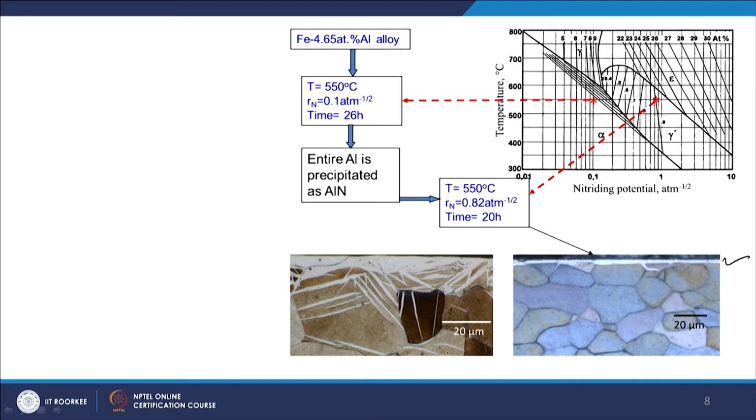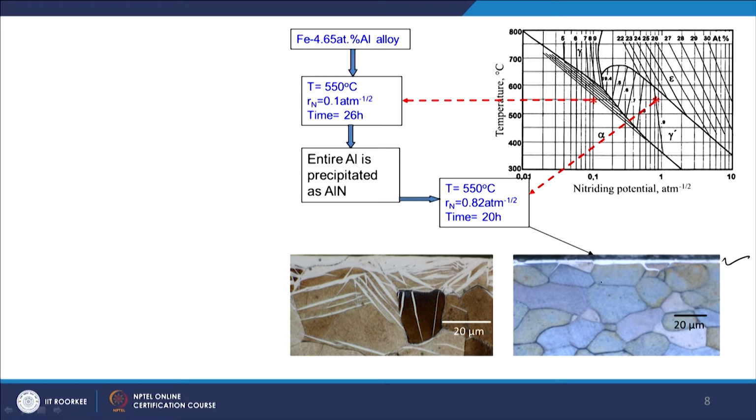So, with this we can say that it is actually the dissolved aluminum which is making such a situation, not aluminum when it forms as aluminum nitride. In this sample we had already created the aluminum nitride in the matrix, which means no more dissolved aluminum is present.